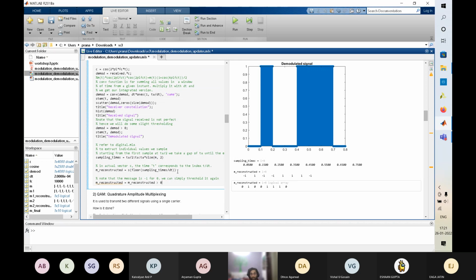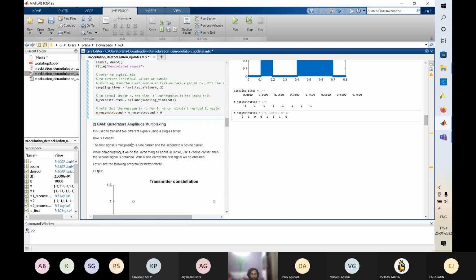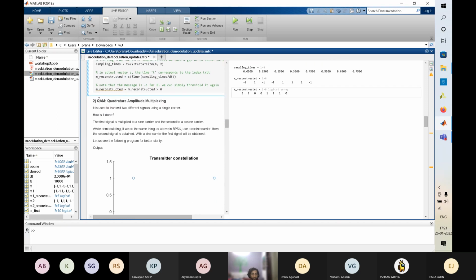Otherwise we send a NAK, no acknowledgement, so the transmitter will transmit the signal again. Next thing is QAM, quadrature amplitude modulation. If anyone has any doubt until now.